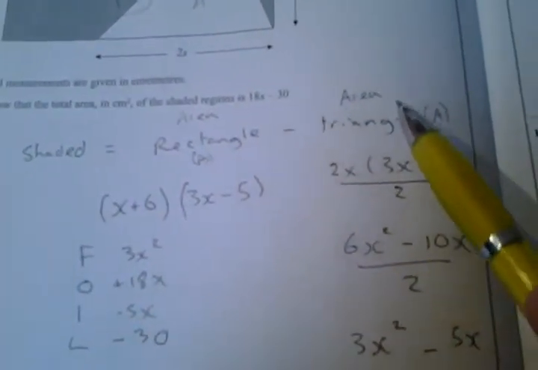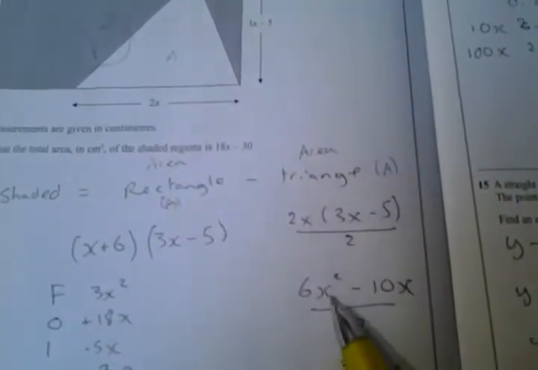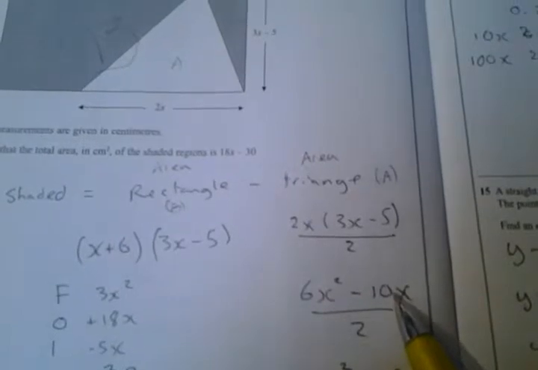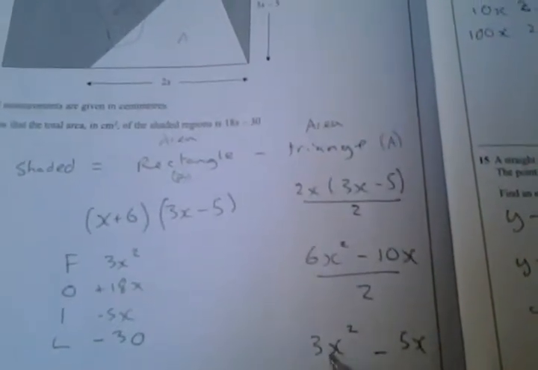In my triangle, I've got 2x times my 3x minus 5, and because it's a triangle, I'm going to halve my answer. This works out to be 6x squared minus 10x divided by 2, which gets me 3x squared minus 5x.